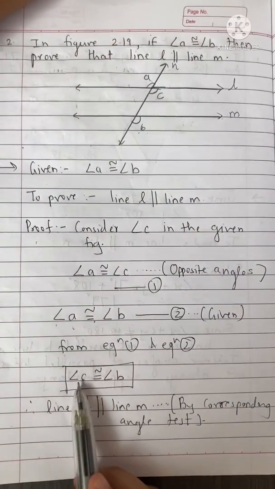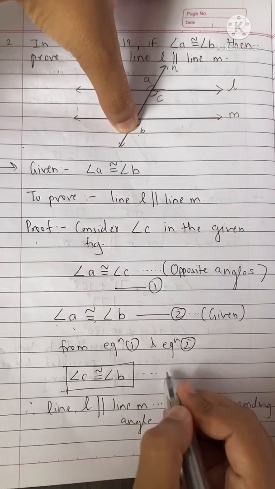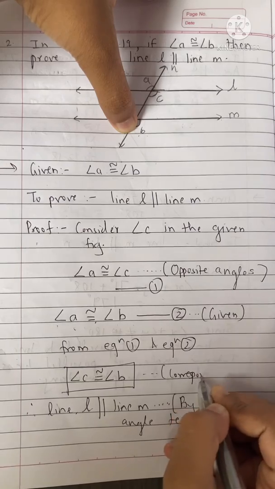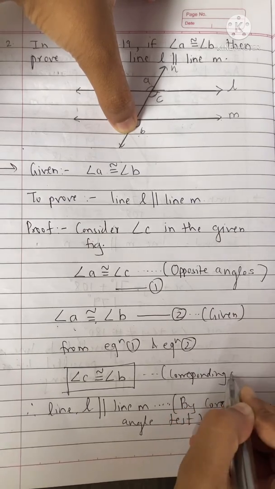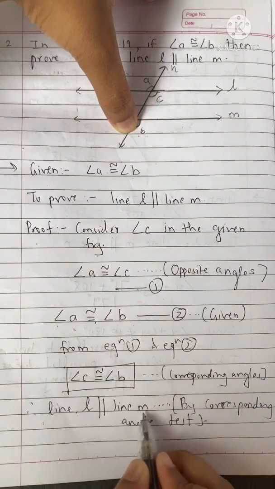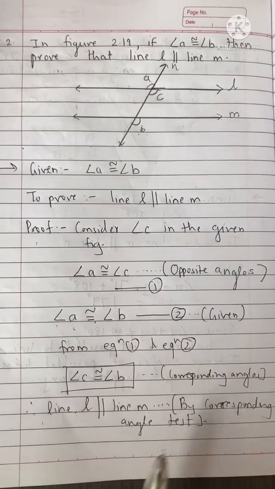Okay, so because angle C is congruent to angle B, and C and B are corresponding angles, therefore line L is parallel to line M by corresponding angle test. So this is as simple as that.